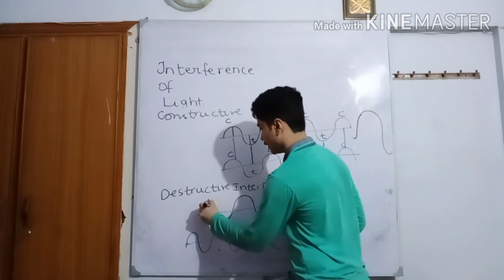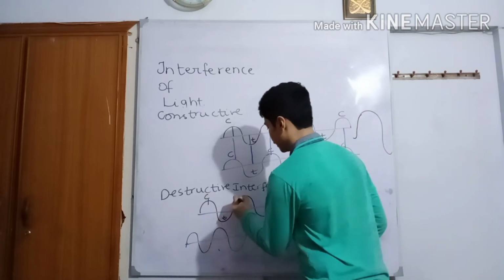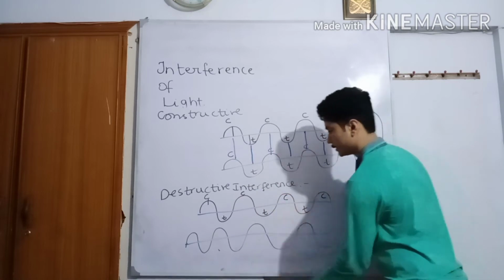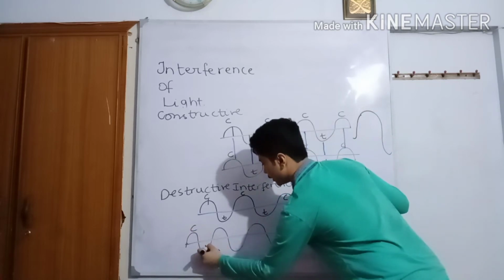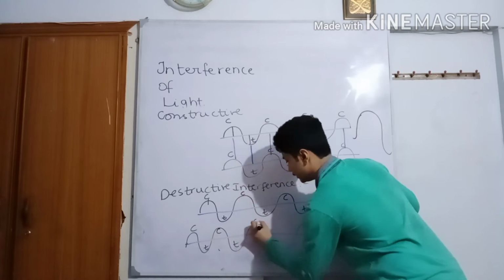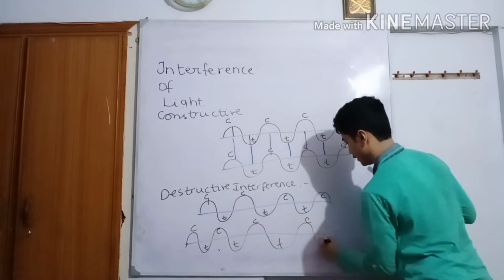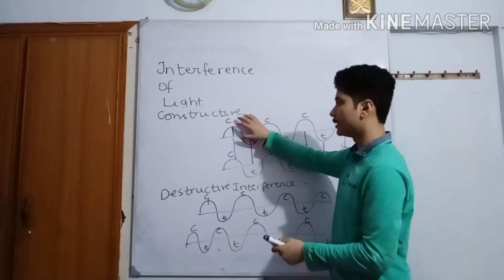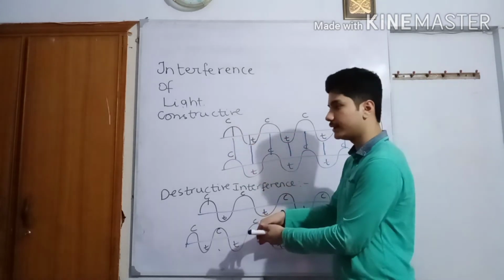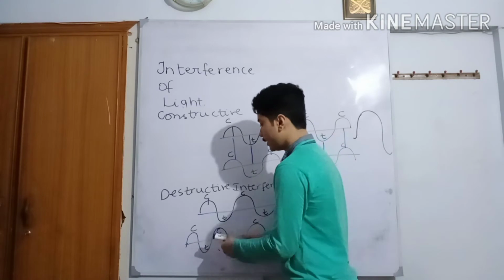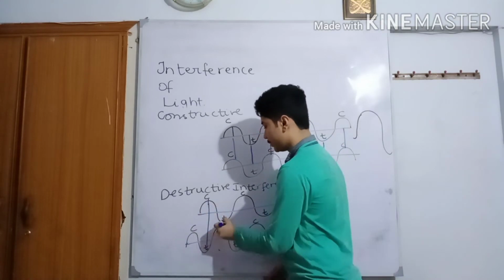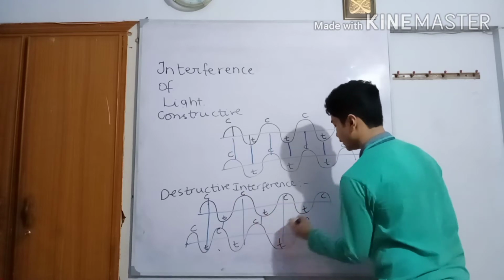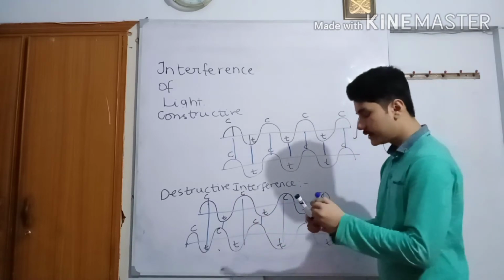This is crest and this is trough, crest and trough, crest, trough and crest. Here we go, another crest, trough, crest and trough. So let's see what is happening basically. In the first condition, crests and crests are moving together, but here you can see the crest is moving with the trough. The trough is moving with the crest, and you can see these are moving together.